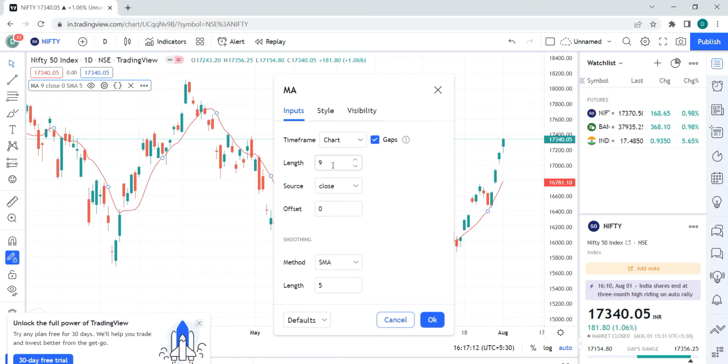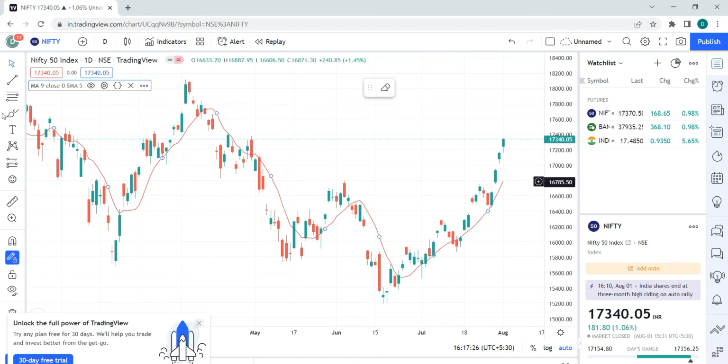Currently, the default they have taken is 9 here, and the source is the closing prices. You can just say OK to it. This is how you will be able to plot the moving averages.